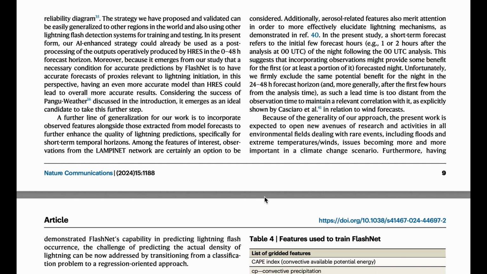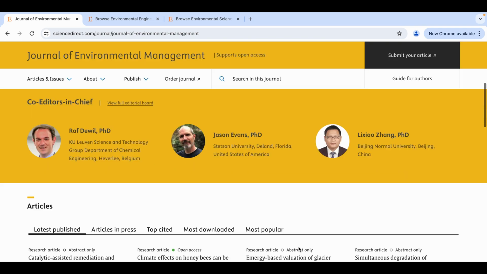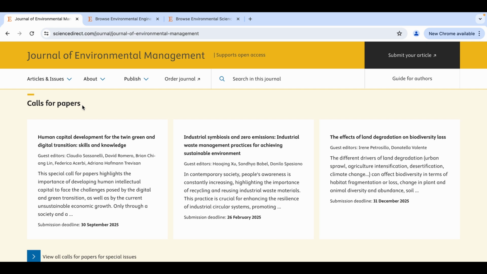Another important step in identifying research gaps is to stay informed about the latest trends and interests in your field of study. Also, another suggestion: if you want to publish in a particular journal but don't know what to write, visit the website of the journal and go down to the call for papers to get an idea of where to start finding a research gap.